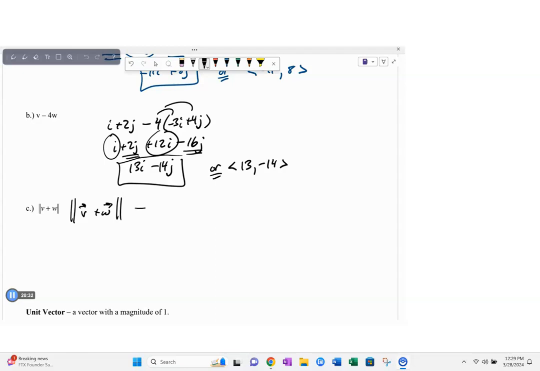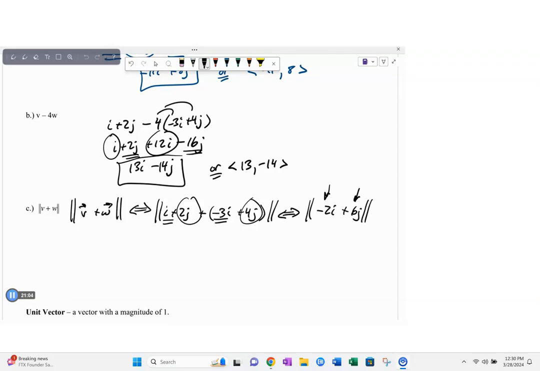Well, the v is i plus 2j, and the w is negative 3i plus 4j. So i minus 3i, I got negative 2i. 2j plus 4j, I got 6j. So negative 2i plus 6j. So my a is negative 2, my b is 6.